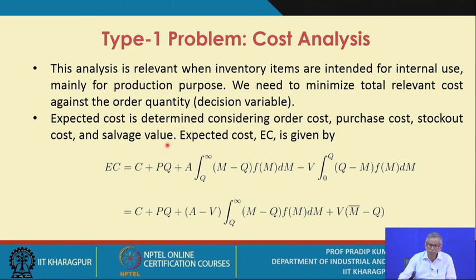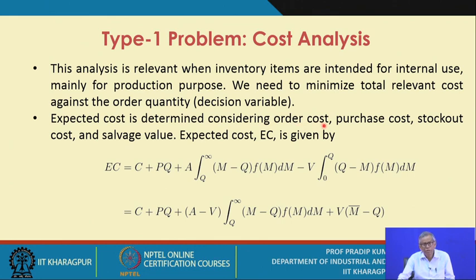We have already referred to all these different types of cost elements, like we have defined what is order cost. So, you are placing an order, it is a static inventory problem, and that is why one single order is placed. So, for placing an order you must incur certain cost. That is referred to as the ordering cost.